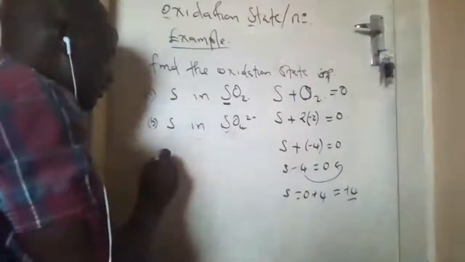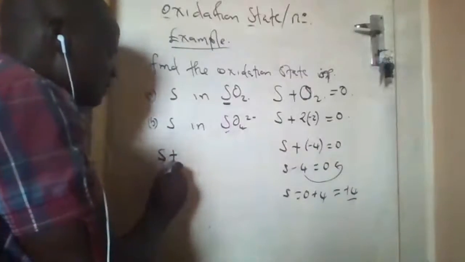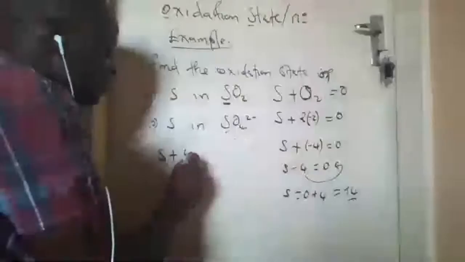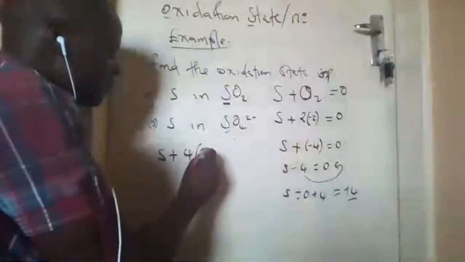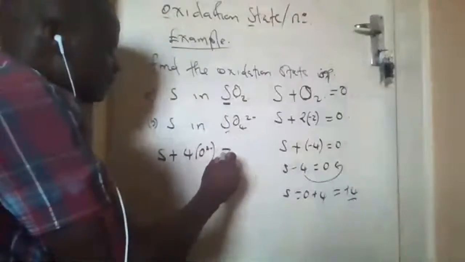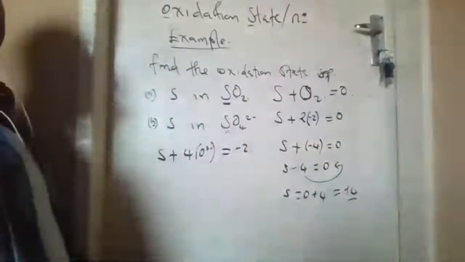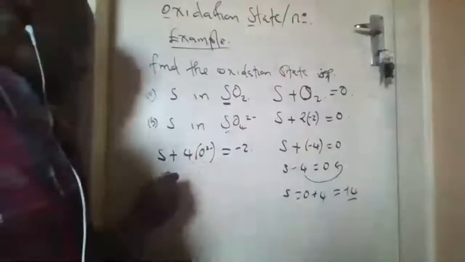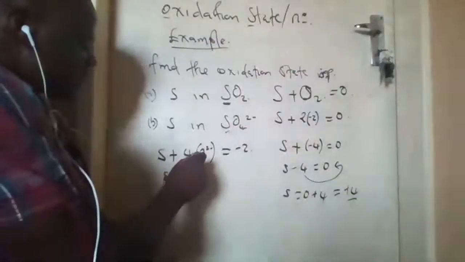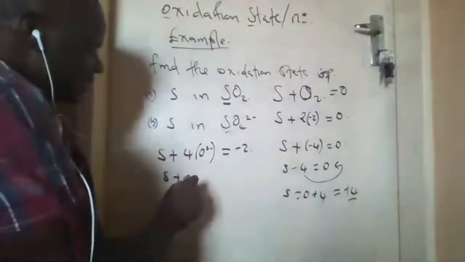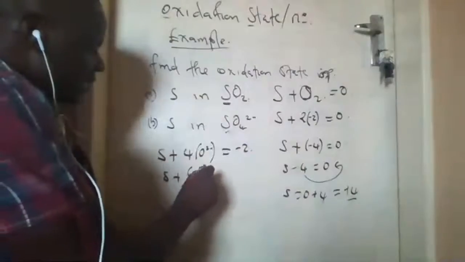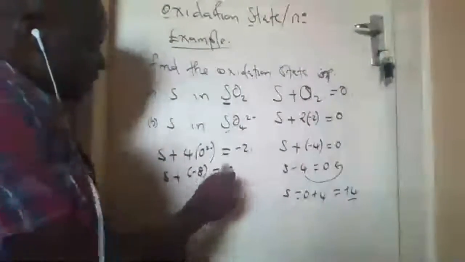The oxidation state of sulfur plus 4 oxygens, each 2 minus, should give us the overall charge of -2. So S plus 4 times -2, that is -8, equal to -2.